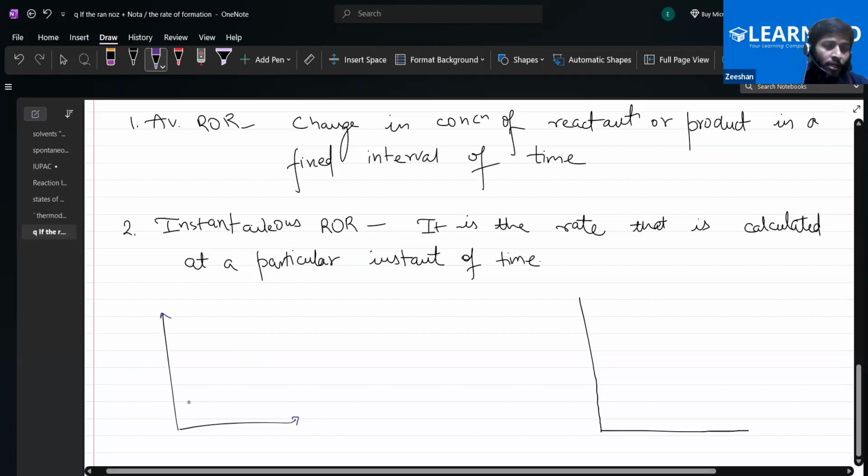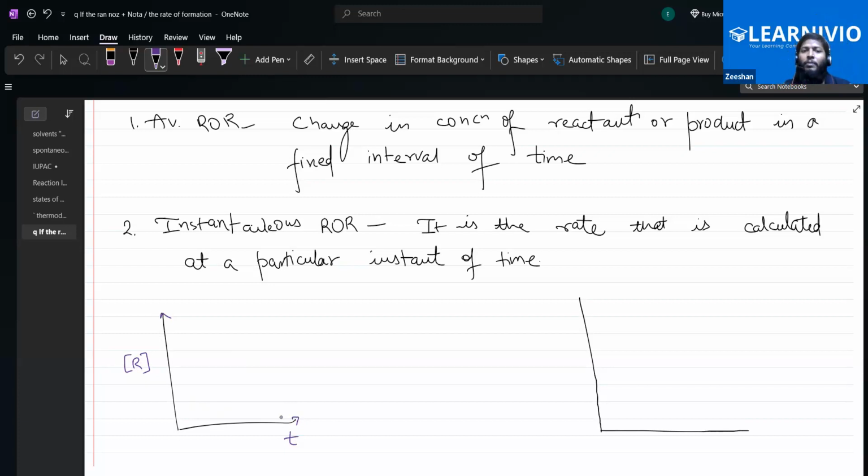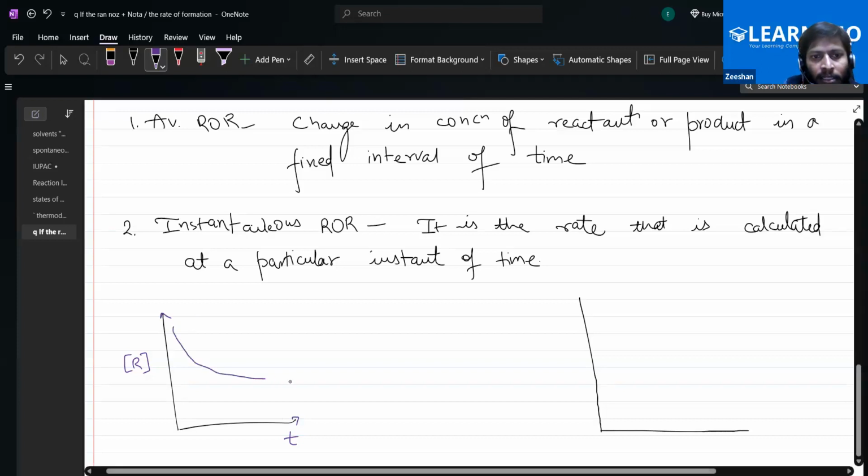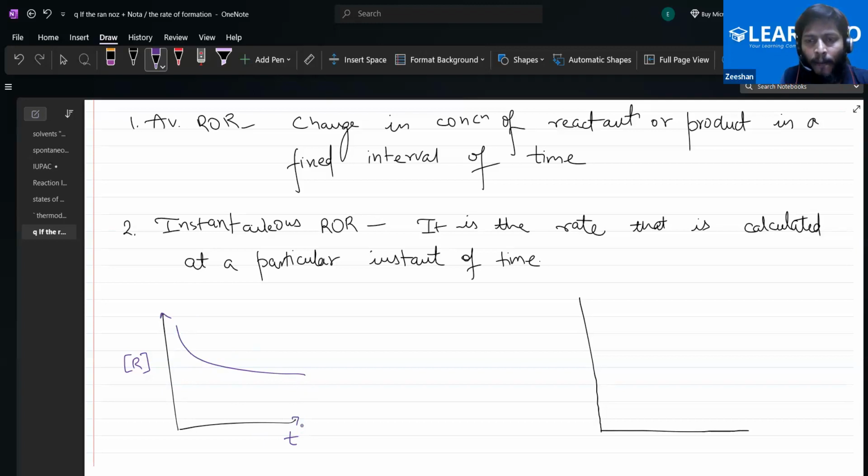See, for example, on the y-axis we are taking the concentration of reactants, and with respect to time we are drawing a graph. The concentration of reactants will decrease with respect to time. There is no issue in it, right?